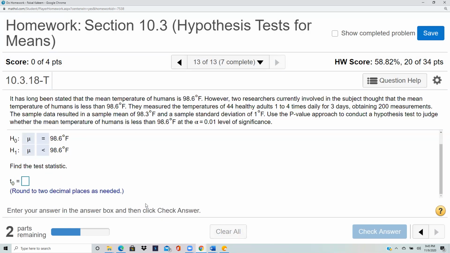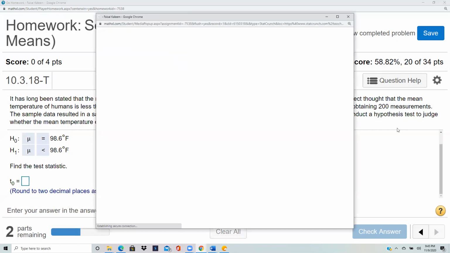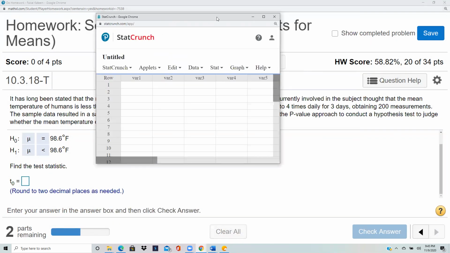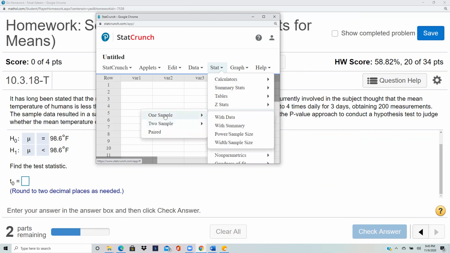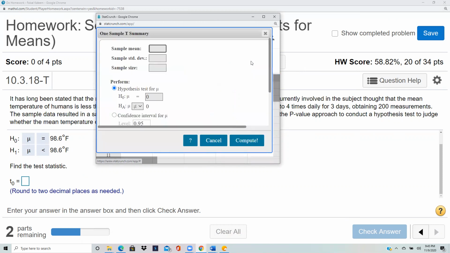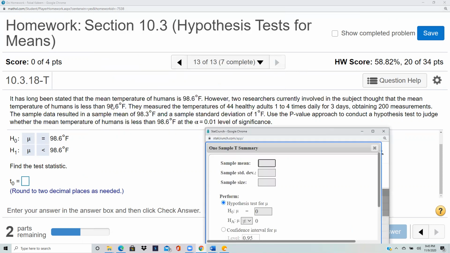For the test statistic, we use StatCrunch, t-stats, back to summary. And for the sample mean, we should look for the word sample.